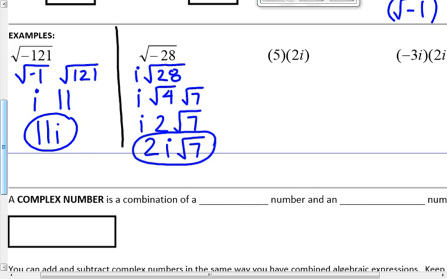So that's the only way that i is going to come into what we have talked about previously. If you're working on square rooting a negative number, pull i out and then simplify the way we did the other day with just the positive.